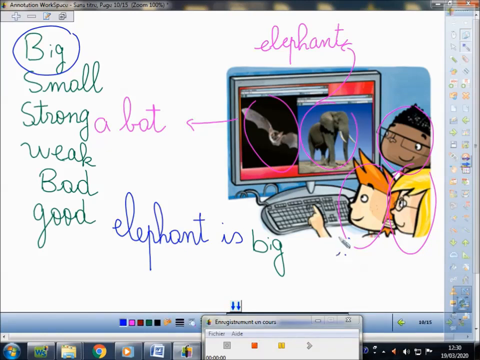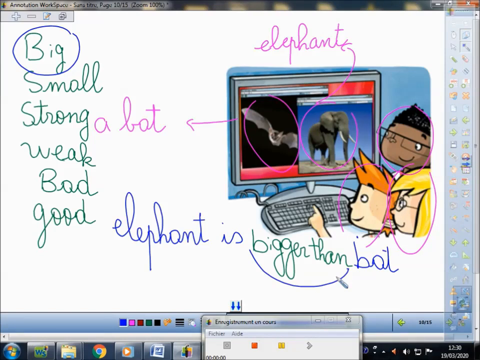I practice the rule, okay? Elephant is, I double the consonant G, then I add ER, then I write bat. Okay, look carefully. Elephant is bigger than bat. Elephant is bigger than bat.